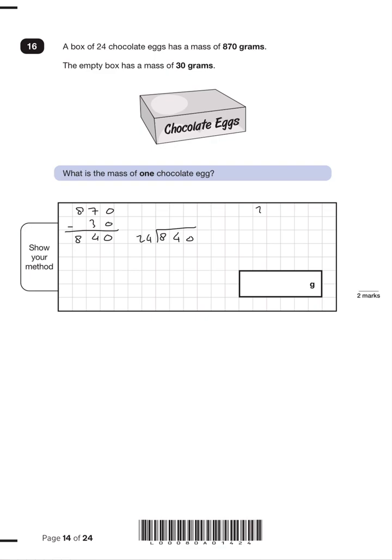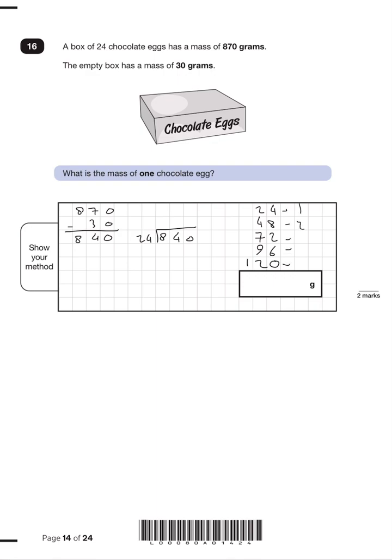I'm gonna write my 24 times table on the right here. 24, 48, 72, 96, 120. I'm going to stop there.